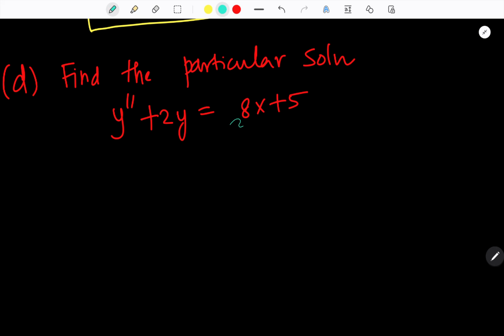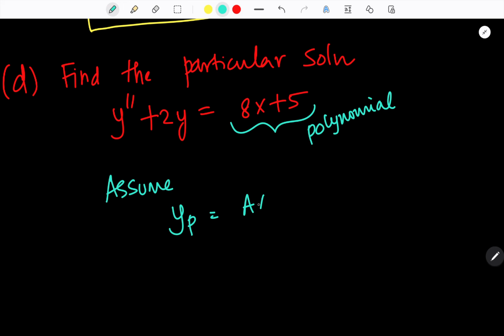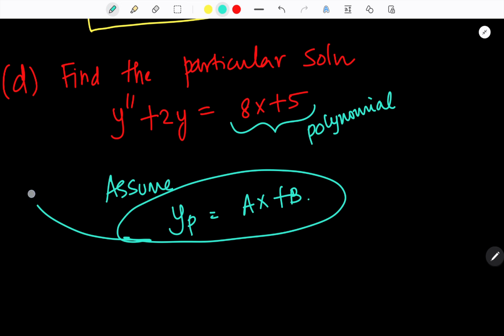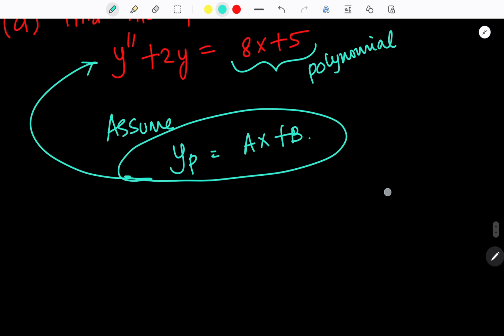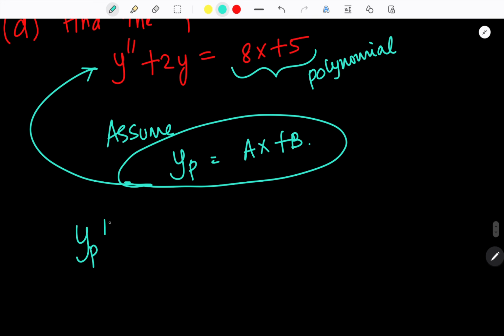Since the right hand side is a polynomial function, we are going to assume yp is equal to ax plus b. If I assume this is a solution, it must satisfy the equation. So yp double dash plus 2yp is equal to 8x plus 5.